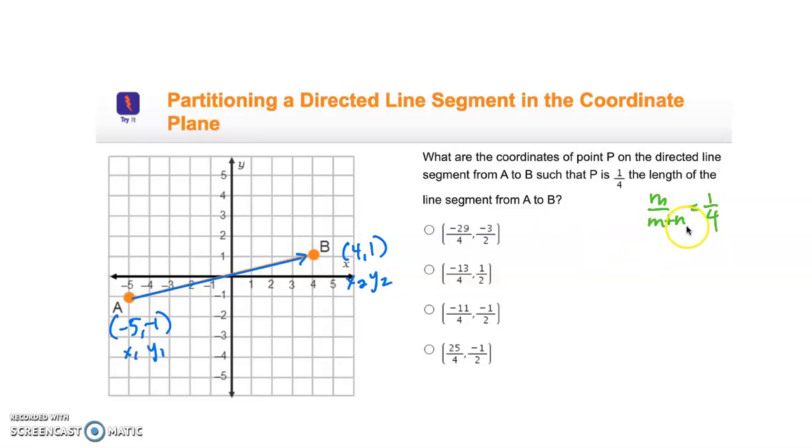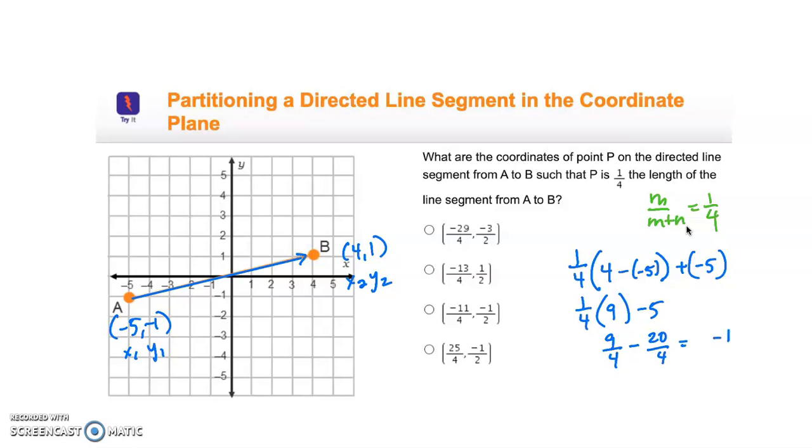So they were giving us our m over m plus n, so we just say 1/4 times, and we're going to go x2, which is 4, minus x1, which is -5, and then we're going to add that to our x1. So we have 1/4 of 4 plus 9 minus 5, so that's 9/4 minus, and 5 is 20/4.